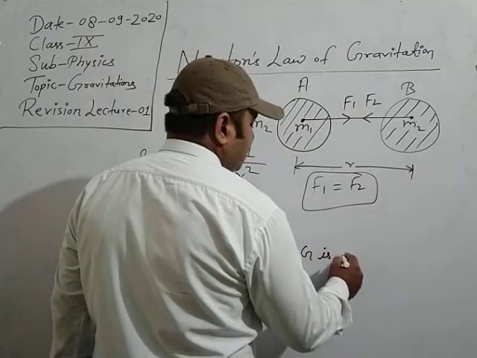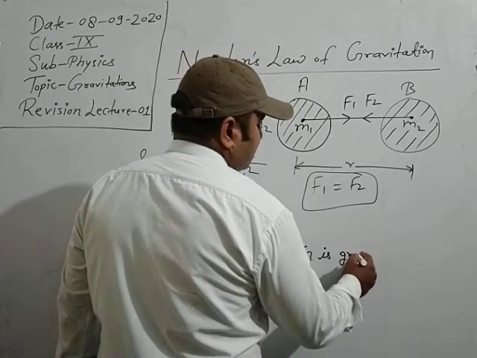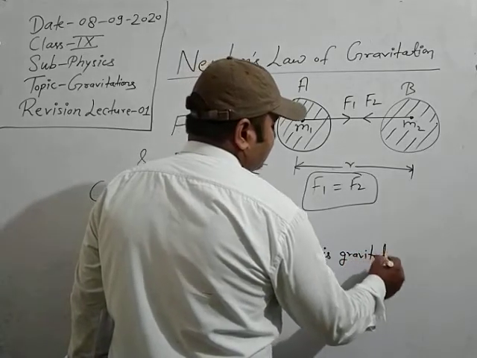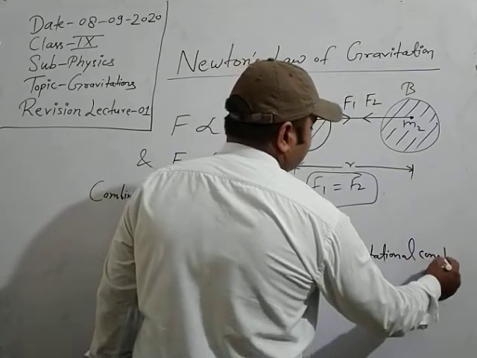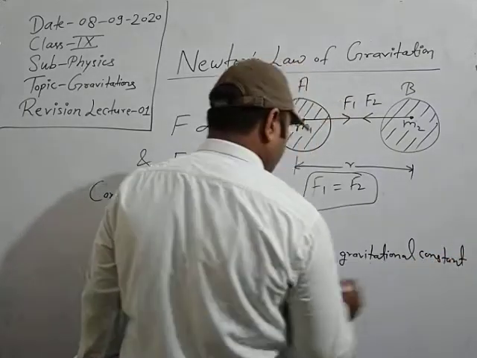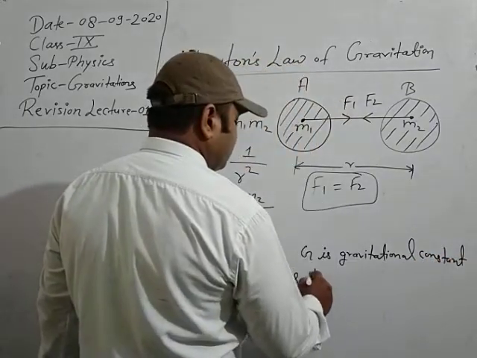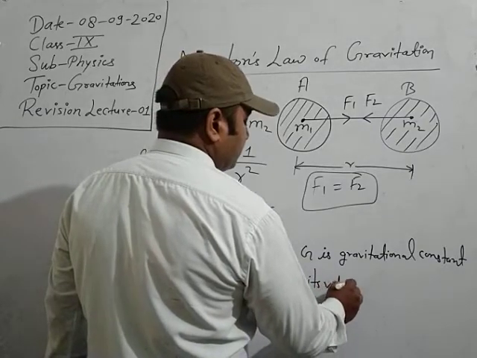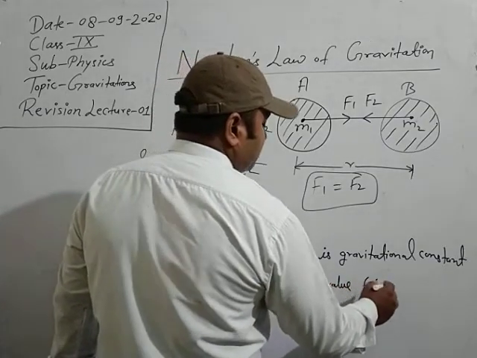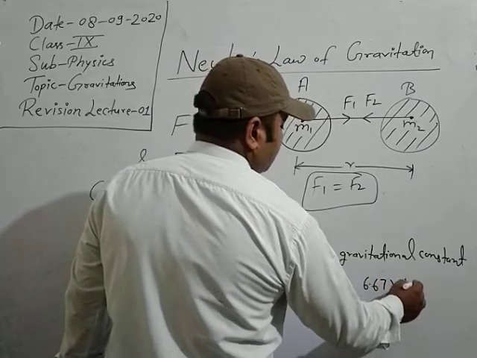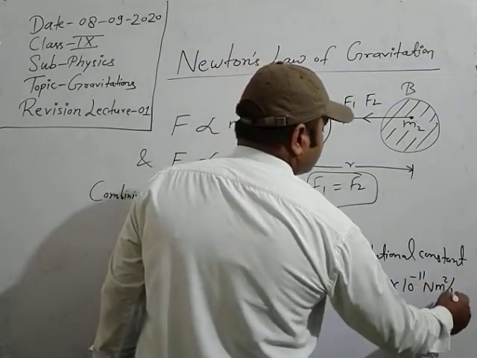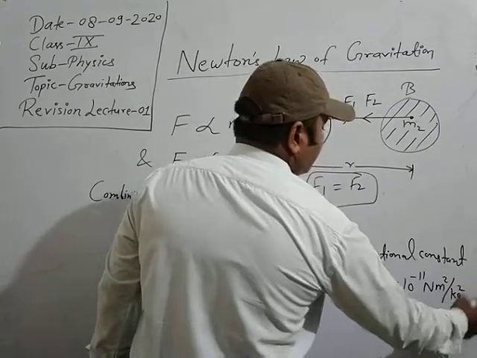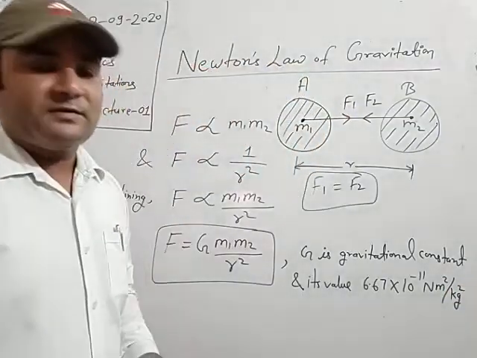is the gravitational constant, and its value is 6.67 into 10 power minus 11 Newton meter square per kg square. Very simple.